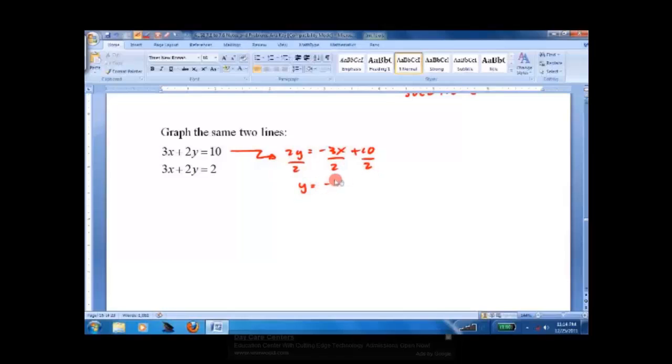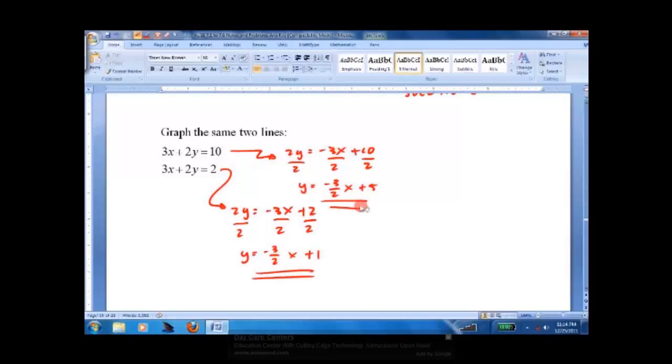Y equals negative 3 halves x plus 5. Y equals negative 3 halves x plus 1. So here's my two equations. Let's put them up on a graph.